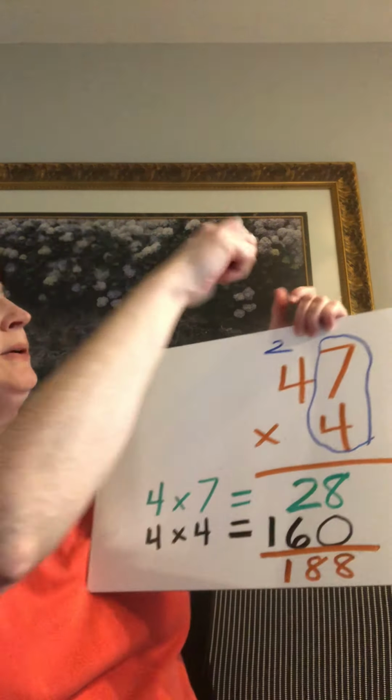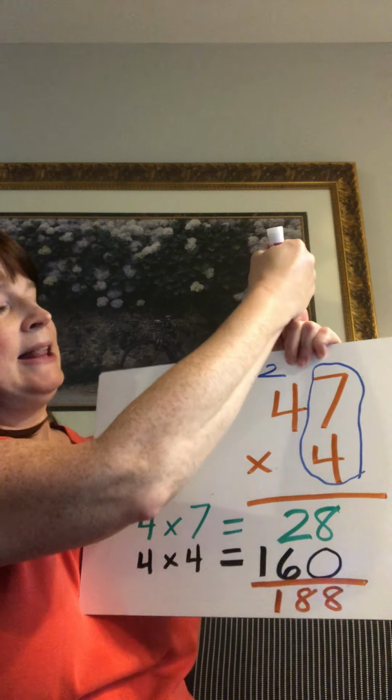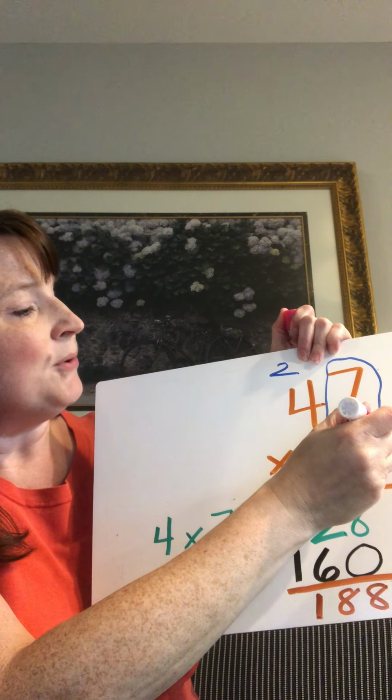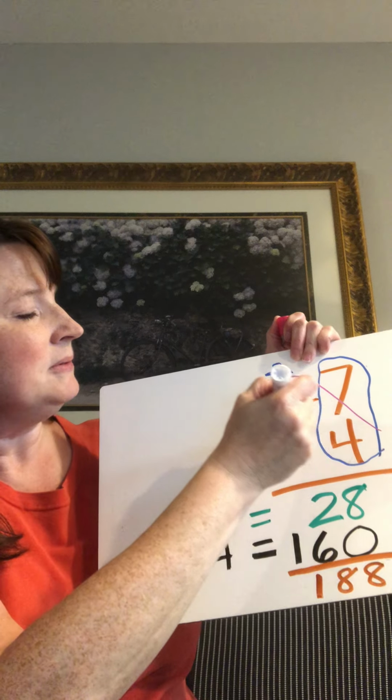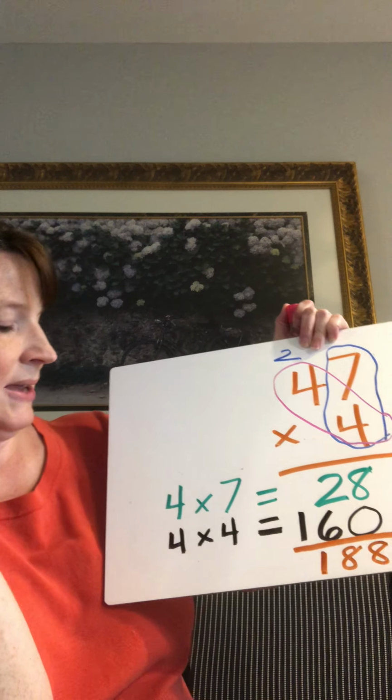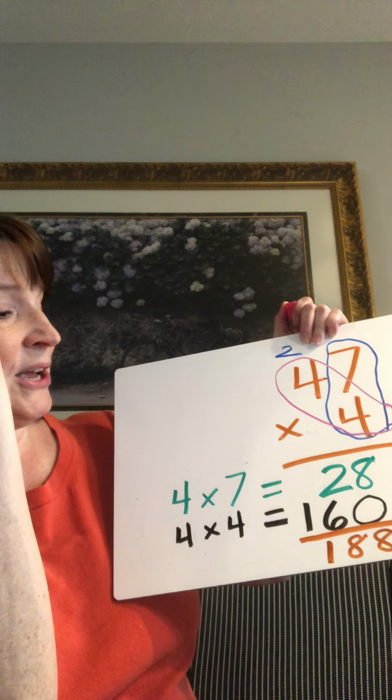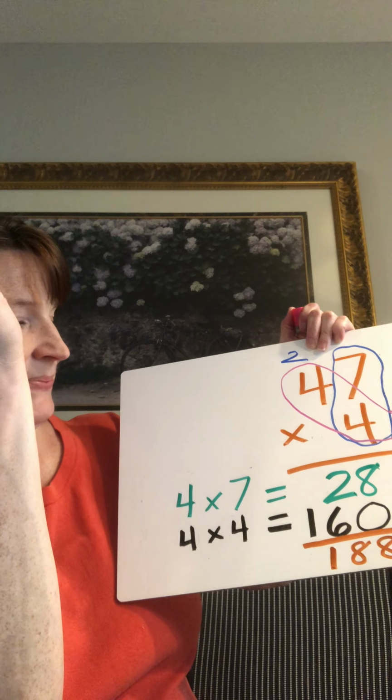And then I'm left to deal with the tens column. So then I'm looking at 4 times 4. Okay. 4 times 4 is 160. Okay?